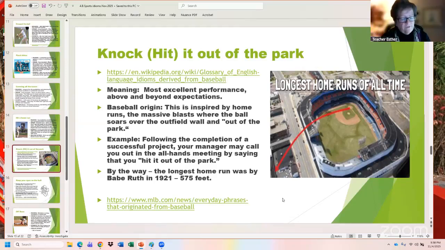So you'll even imagine that the soccer stadiums now are so huge. Well, baseball stadiums didn't used to be this big.